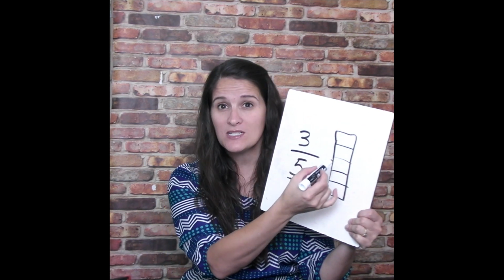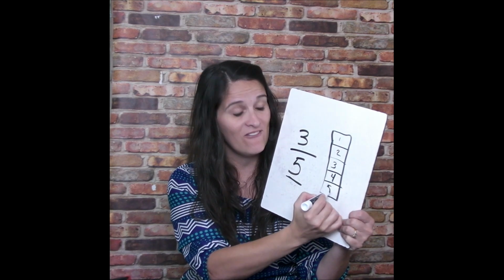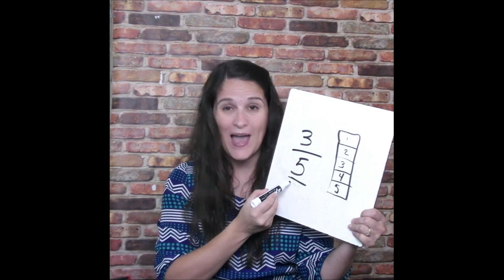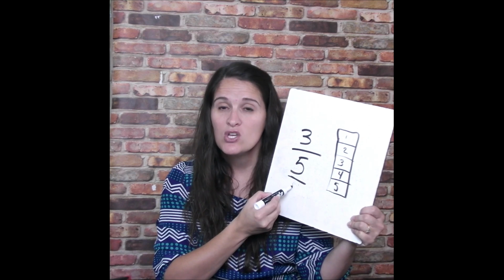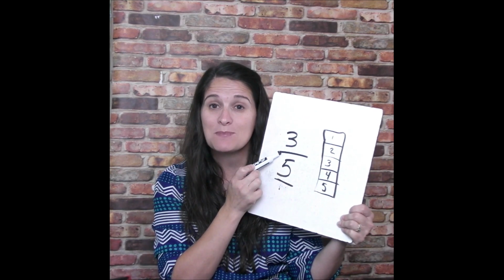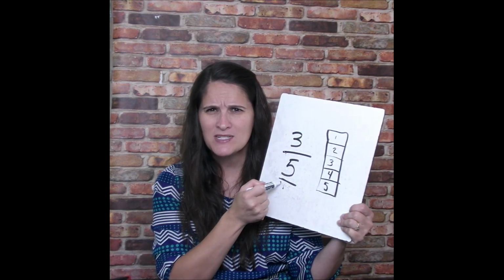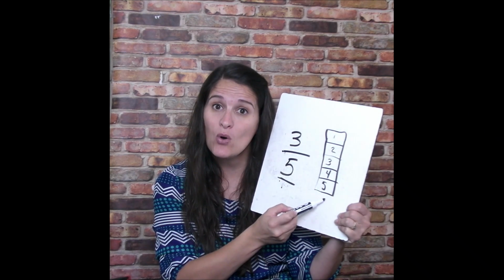So if I go over here to my block, I have 1, 2, 3, 4, 5. Okay, well, that matches my denominator. So that's what I need there. Now the top number is my numerator. My bottom number tells me how many I have total.